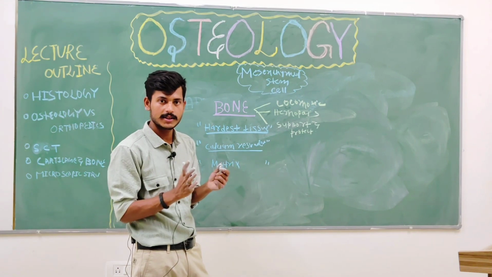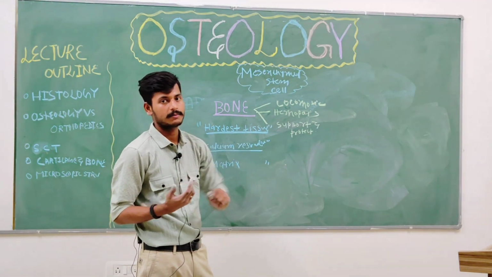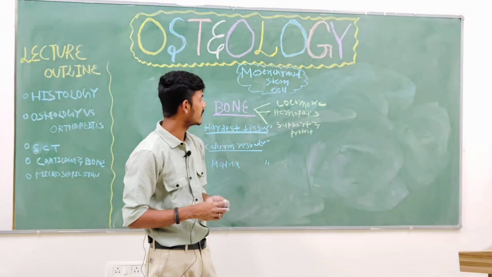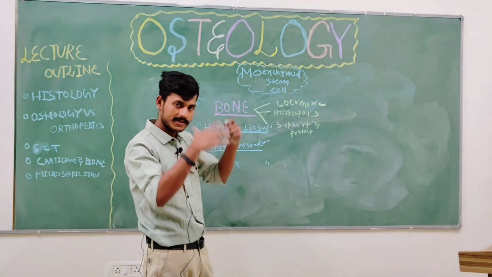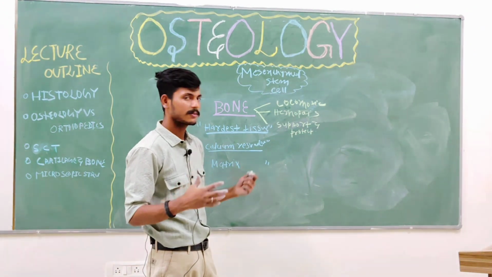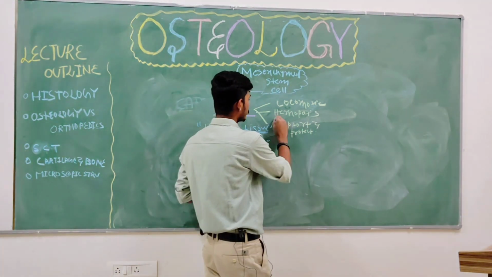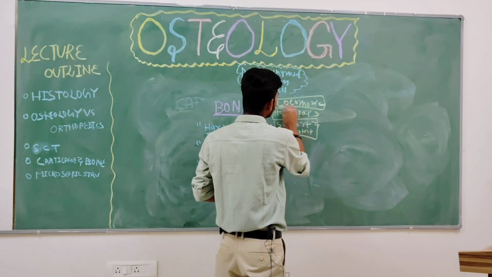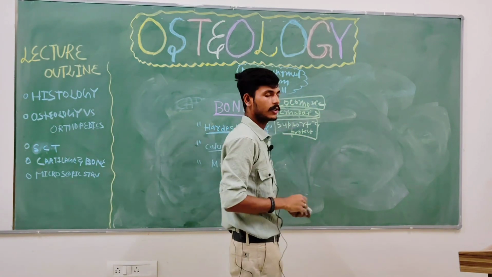If it felt a jerk directly, there could be a rupture or injury to this delicate part. So the skeleton provides support and protection. So these are basically the three functions: locomotion, then hemopoiesis, and support and protection.